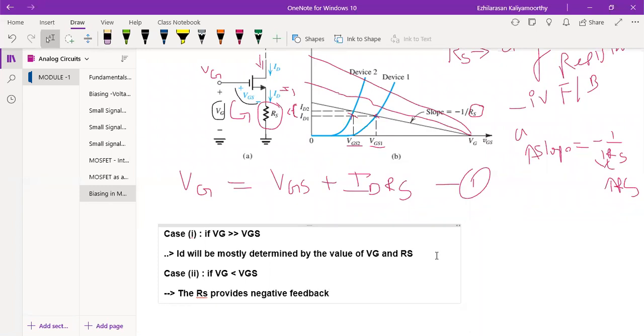If your Vg is less than VGS, it provides a feedback which acts to stabilize the value of the bias current ID.